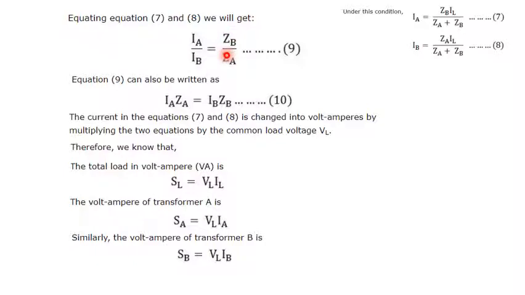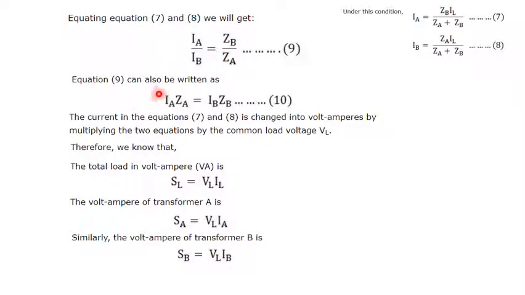This is one more condition for the parallel operation of transformers. If a transformer is supposed to share the load, its share is proportional to the reciprocal of its impedance, that is 1 divided by ZT.